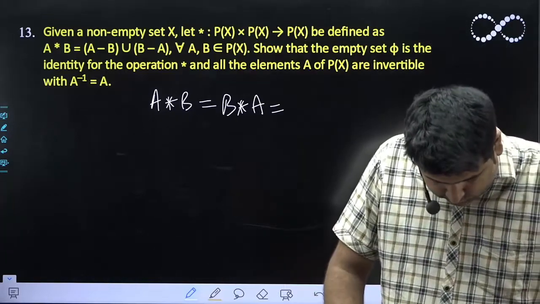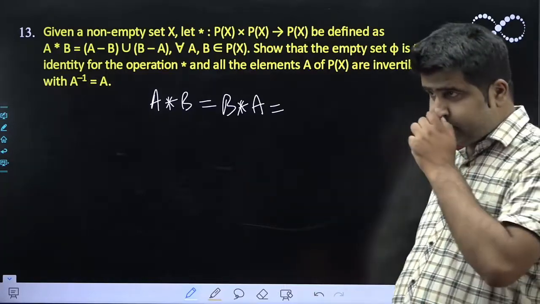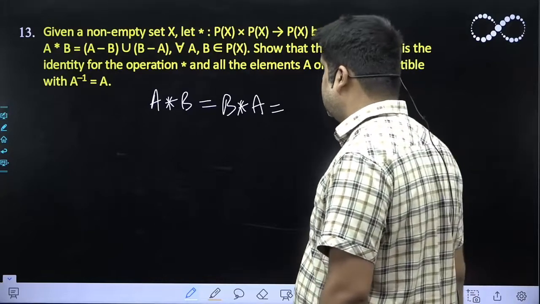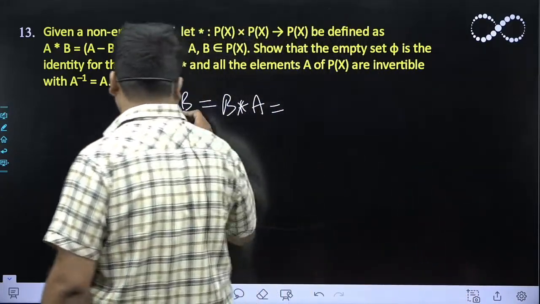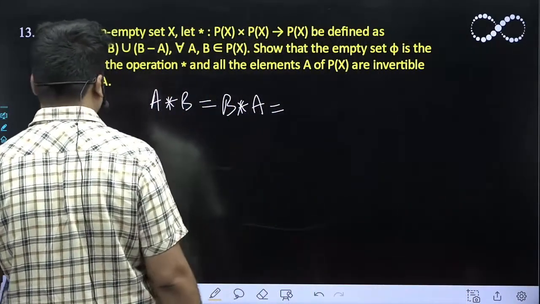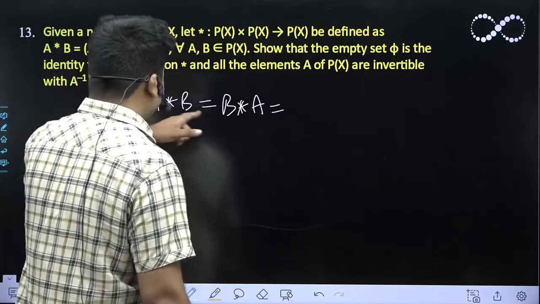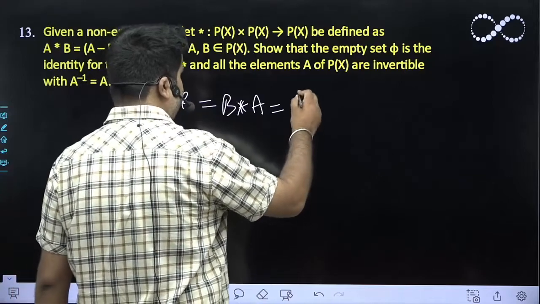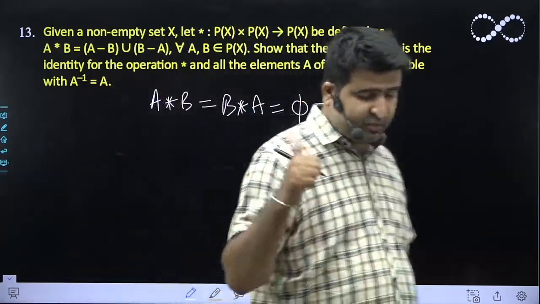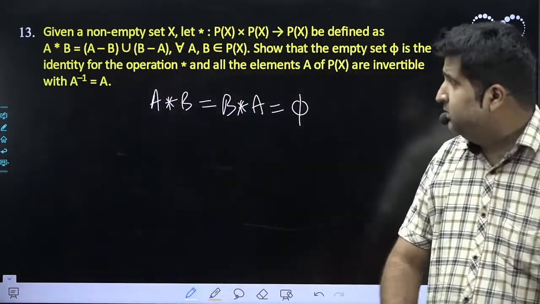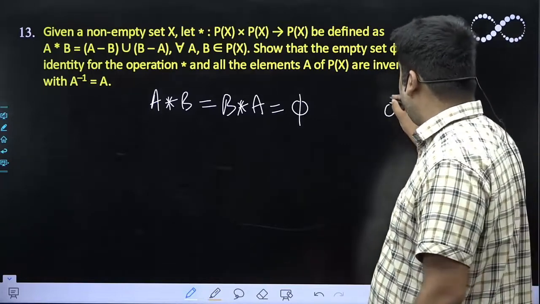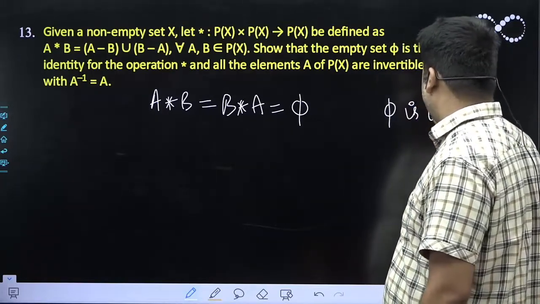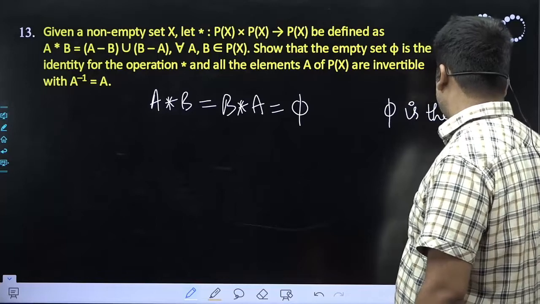What will this be equal to? If A star B and B star A both should be equal for this to be invertible, and this should be equal to phi. Now is this possible? This is possible since phi is the identity element in this case.